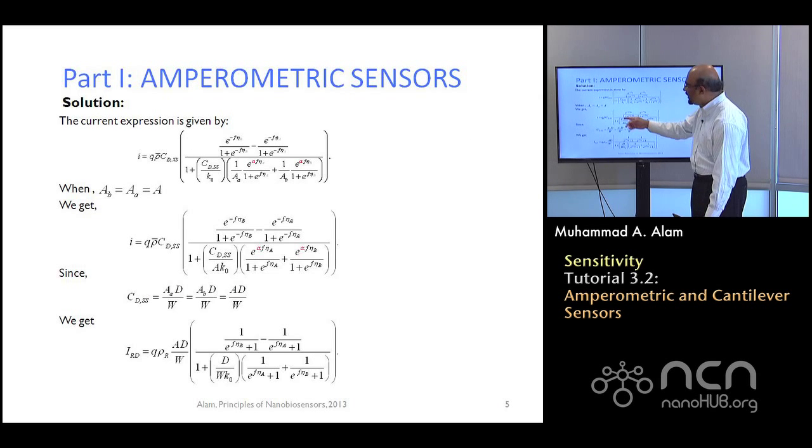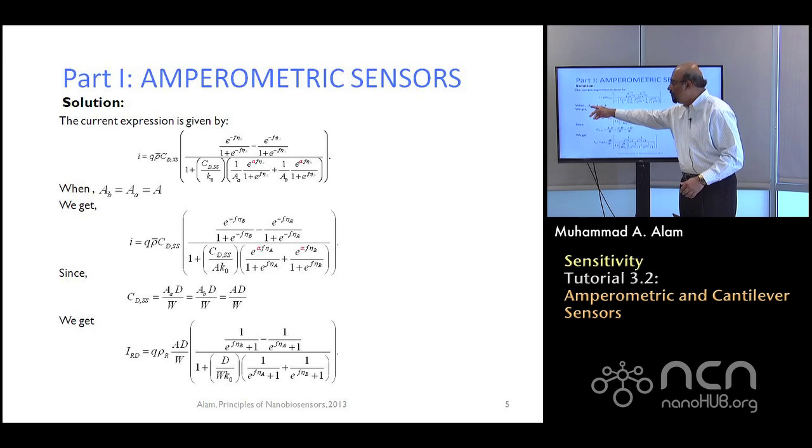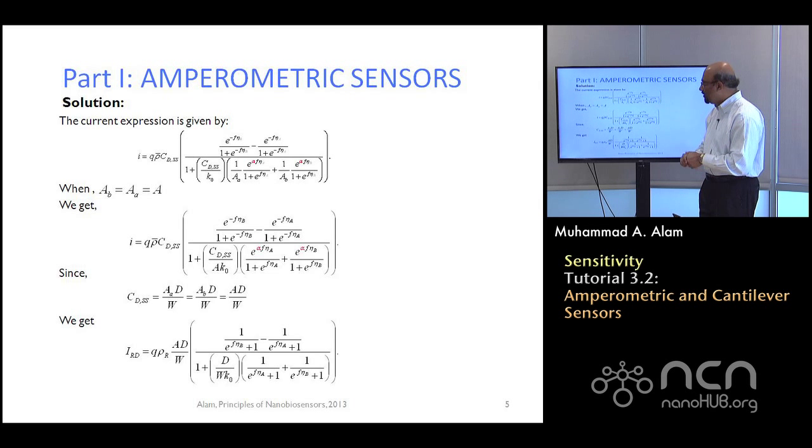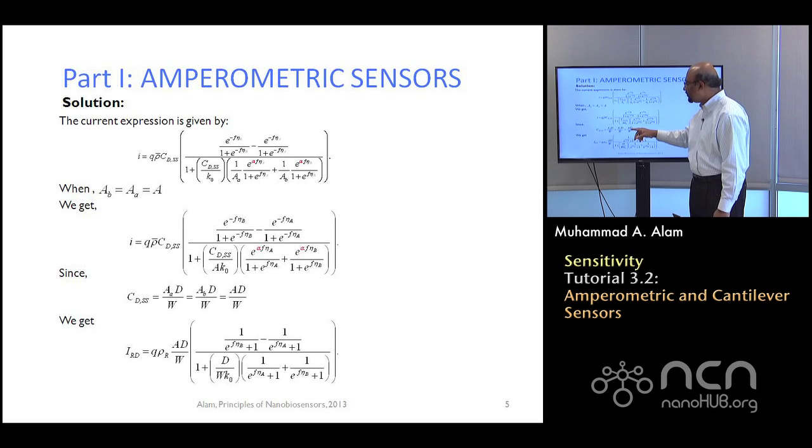You see, in case of CDS, for the planar electrode, you assume the two electrodes have the same size. So AB is equal to AA, that they are equal. And also the CDS is given by epsilon naught A over D, or in this particular case, epsilon is replaced by the diffusion coefficient D. So you put this in here, and you will see that immediately you get back the expression that we had before, AD over W here, and another D over W, because there is an A here.